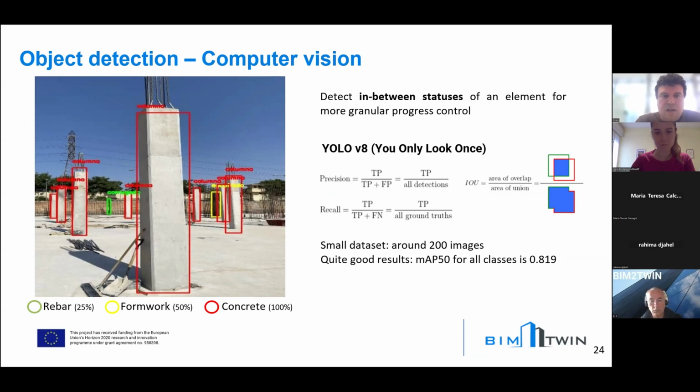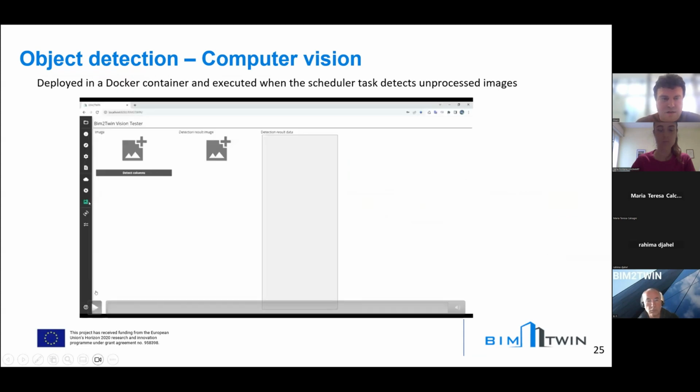After different trainings, using different models and adding more images obtained at the Mislata pilot site in Spain, the best model we trained was YOLO version 8 small, and it provides us an mAP of 0.819.